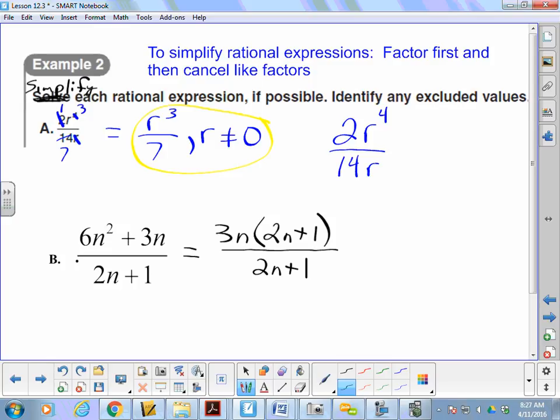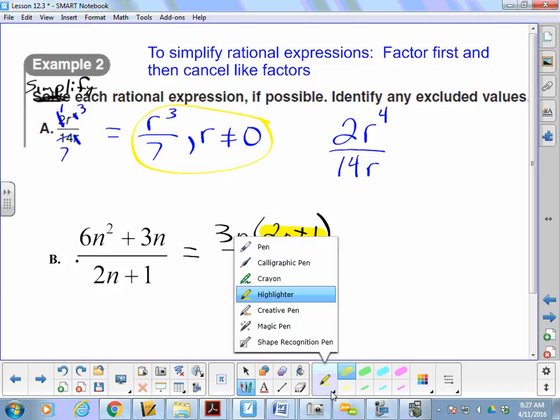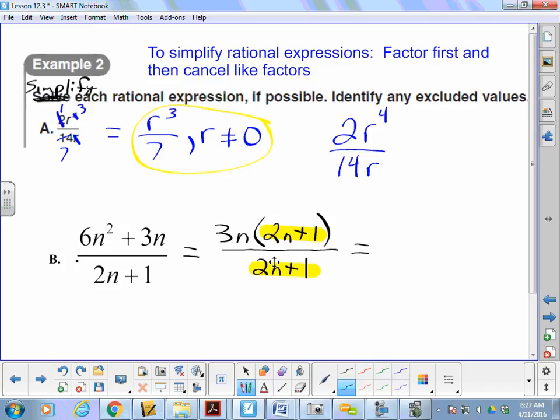It has to look exactly the same. Since these two things look exactly the same, I can cancel them out. So my answer is just going to be 3n when it's simplified, because 2n plus 1 and 2n plus 1 are common factors, so I can cancel them.